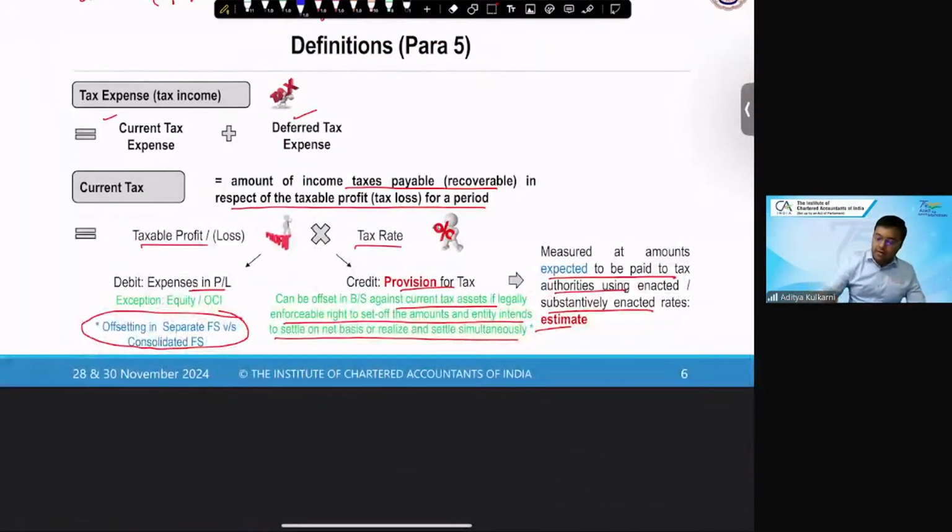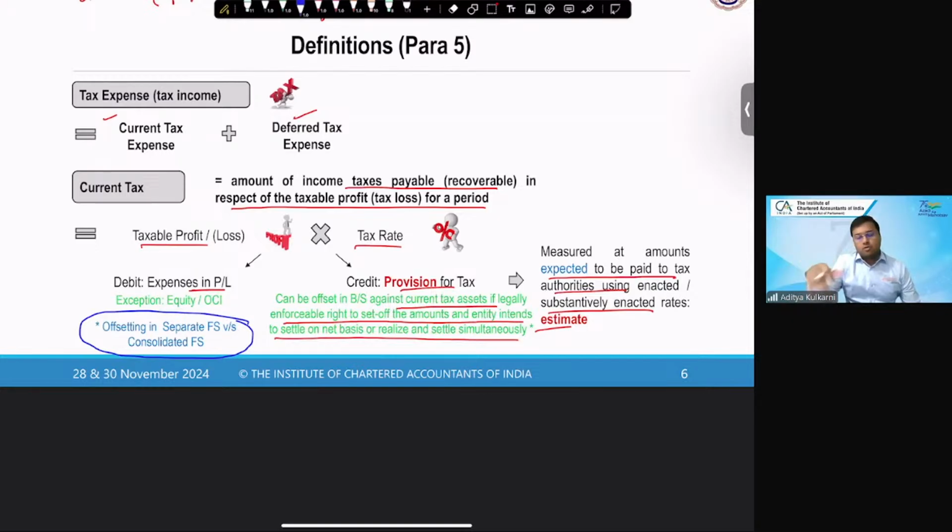But anyway, it's good that you saw it. Offsetting in separate financials versus consolidated financials cannot exist in the Indian scenario, because in India each entity is assessed separately by the tax department.